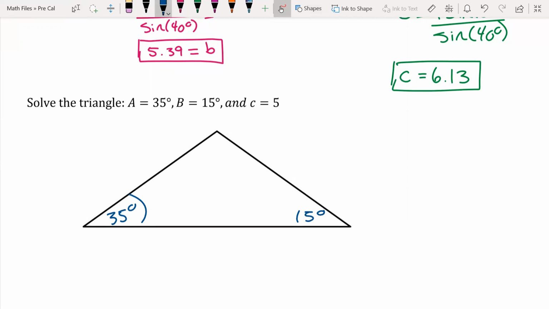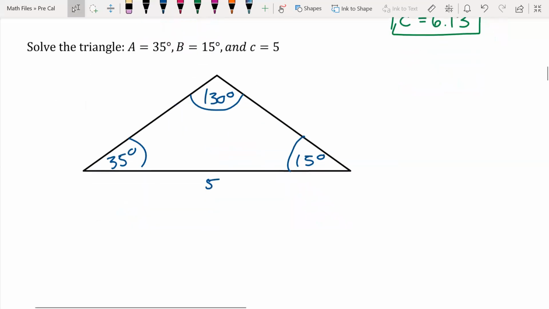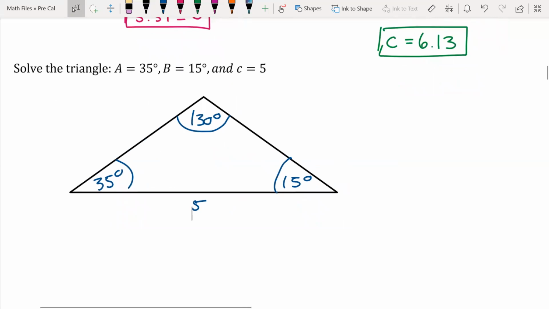This means what is angle C? 130. Good. 130. And all we know is side C, which is 5. And now we need to solve for A and B.